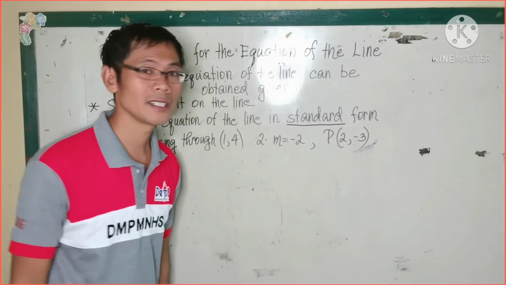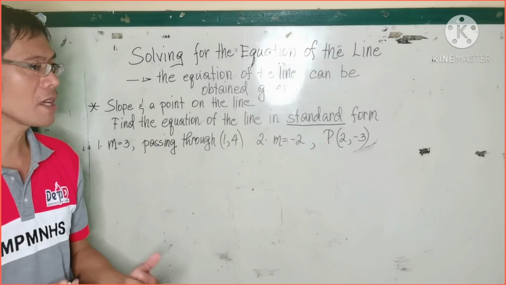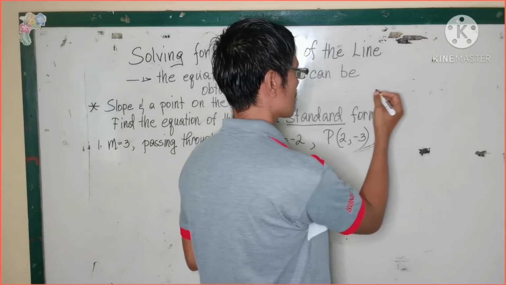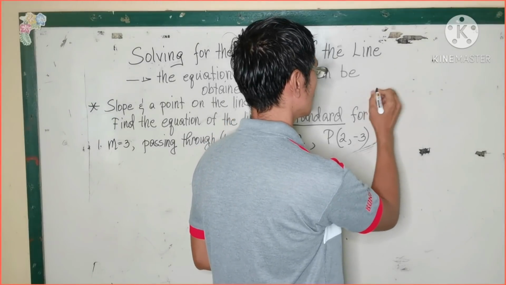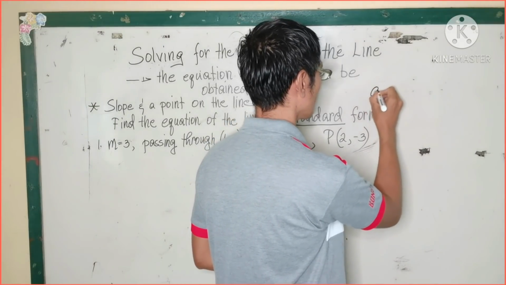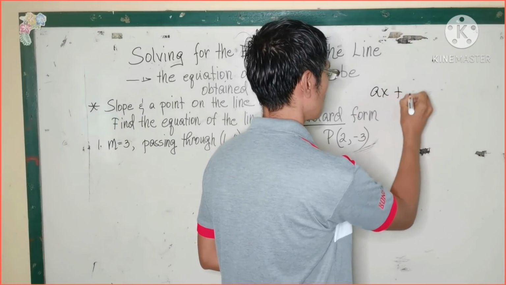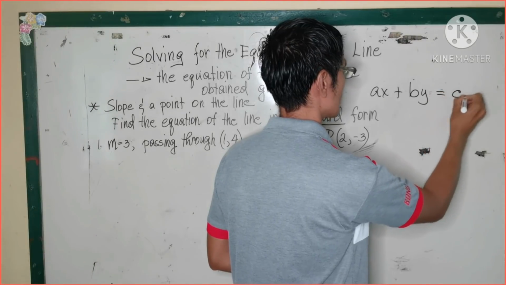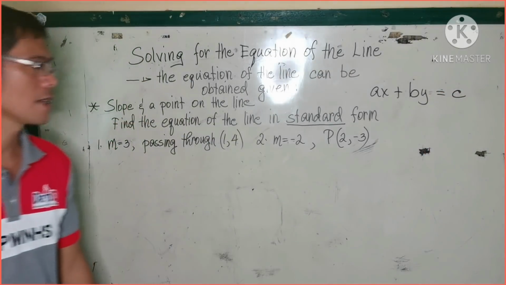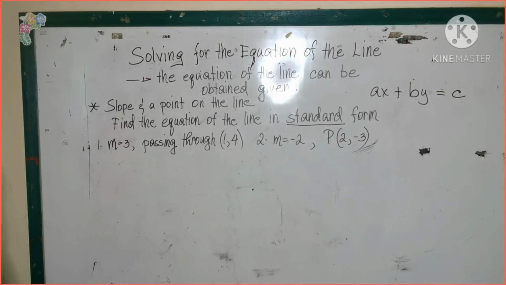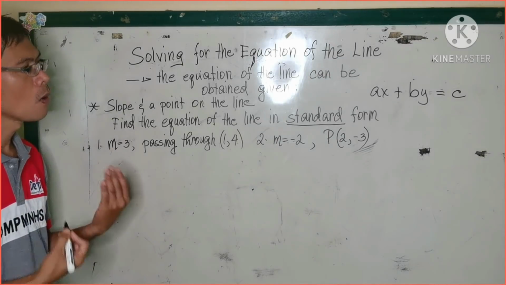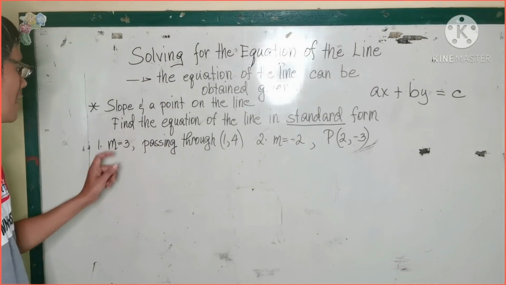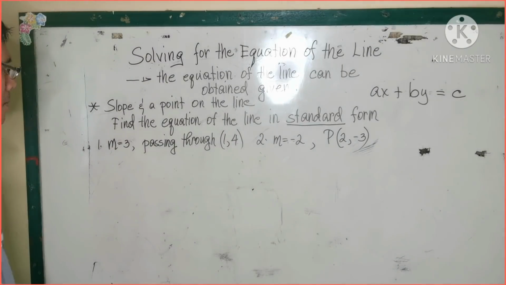So standard form. If we may recall, the standard form of the equation of the line is simply ax plus by equals c. So that is the standard form, and that's the form that we must obtain in this particular problem.